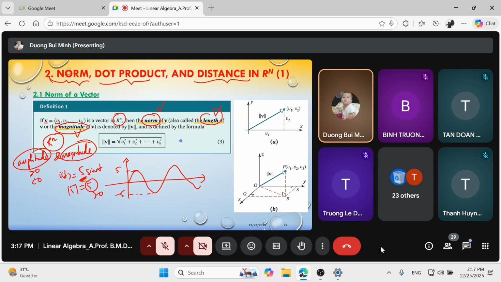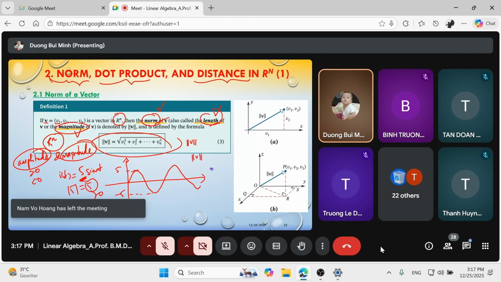Because the magnitude is positive, the length is positive, and the norm is positive. We use the double straight slash notation, double bars.